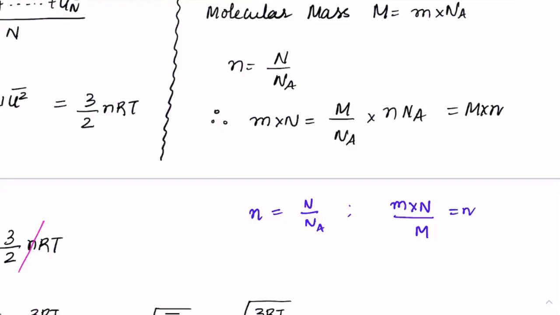And number of moles, I can write it as n by Na. So this n, if I replace it by n into Na, I would get that m into n is equal to M into n. Remember, this and this are different. m is the mass of a single particle, n is the total number of particles. M is the molar mass, n is the number of moles, right?